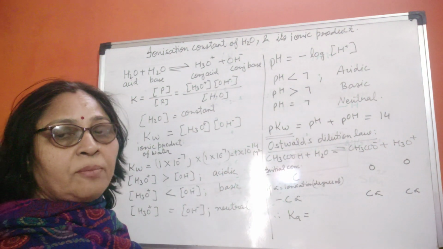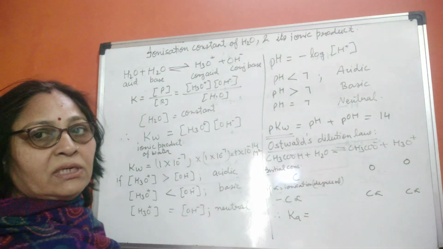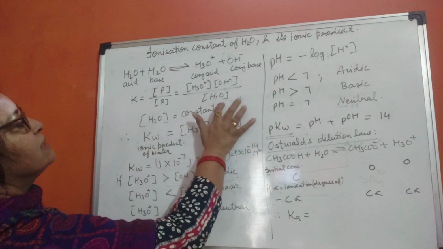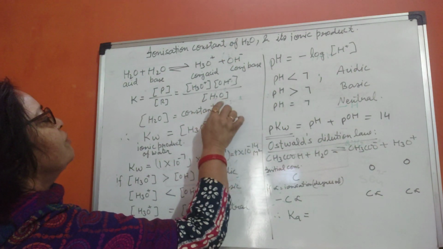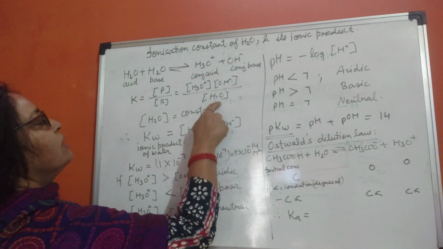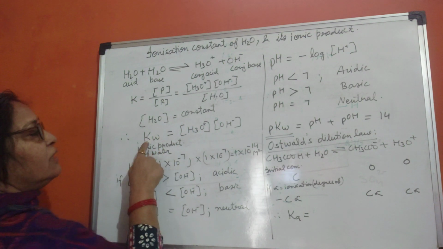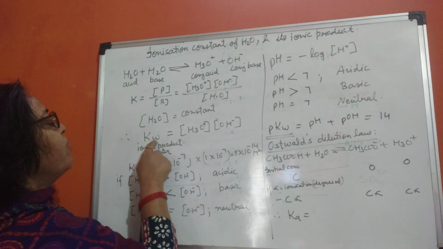Because water is a pure solvent, so its concentration term is taken as 1. So we can write this equation by taking water to this side, and this is Kw. Now this is denoted by Kw, the equilibrium constant for water.